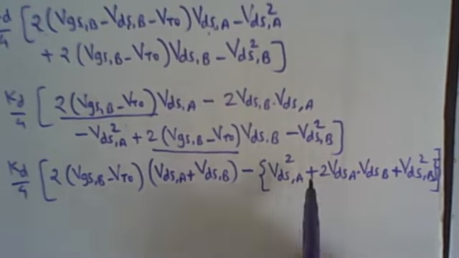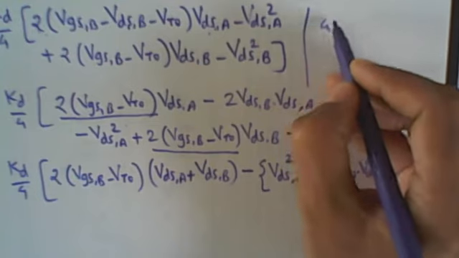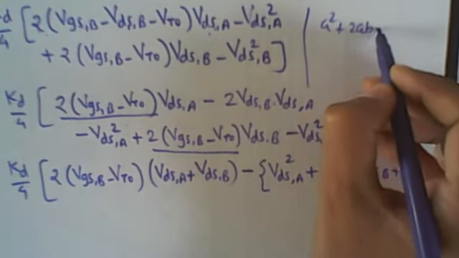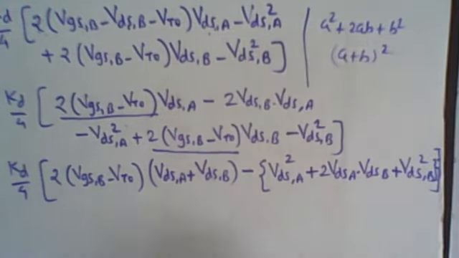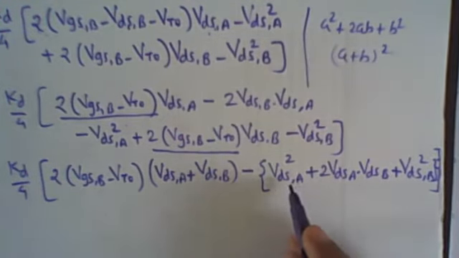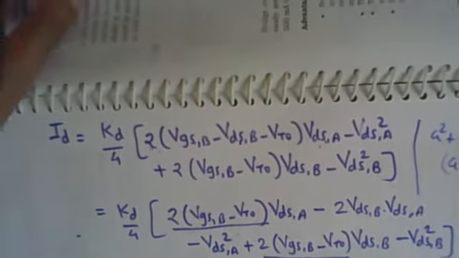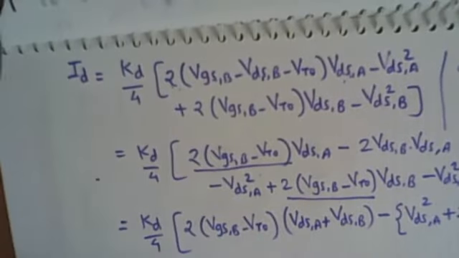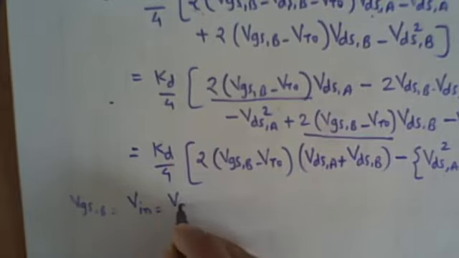Okay. Now what can we write here? This is nothing but A square plus 2AB plus B square. So instead of that we can write A plus B square. Right? So here it is VDS of A plus VDS of B square. And in this circuit if we see, then VGS of B is our input. So instead of VGS of B, it is the input and let me call it VGS. Right? And what is the output?